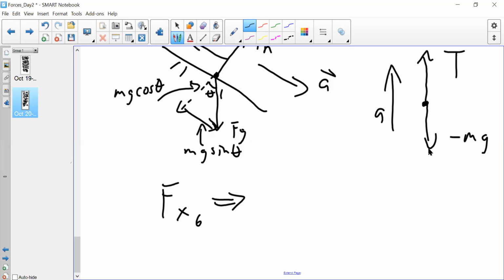This guy just has a Y direction. So that's why I want to be explicit. But they all add up together to make ma, because the whole thing's moving as one unit. Okay, Fx6, this is mg sine theta.